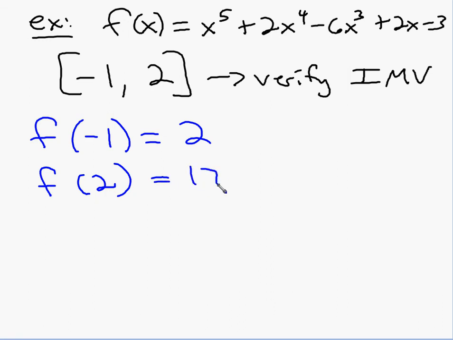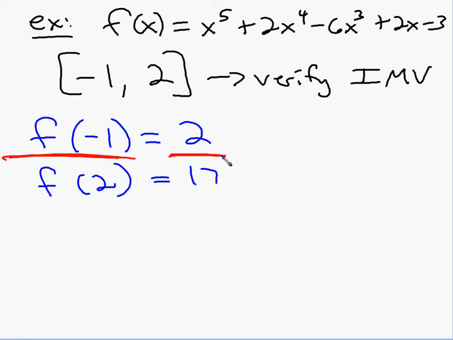So what the intermediate value theorem says is that there has to be a number c somewhere in between these two that will give me a number in between 2 and 17. There has to be at least one, and then you have to find that number. How could we find it? There's a number of things you could do. Couldn't you consult the table?